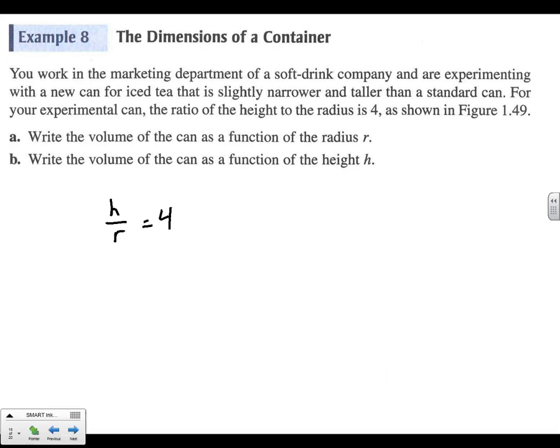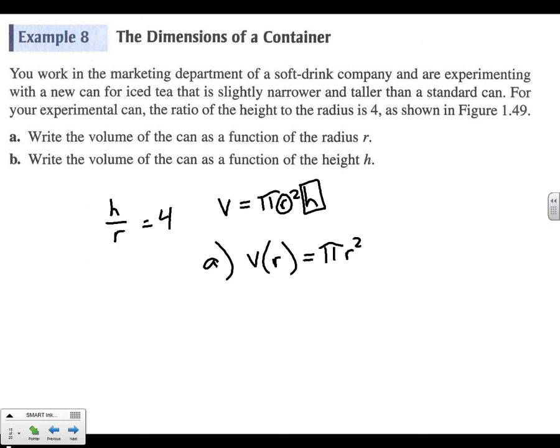All right, so the formula for the volume of a can is volume equals pi r squared h. For problem A, we want to write this as a function of r, V as a function of r, which means we can only have r's in our final answer. So we have pi, that's all right because it's just a number. r squared, that's okay. We need to get rid of the h here.